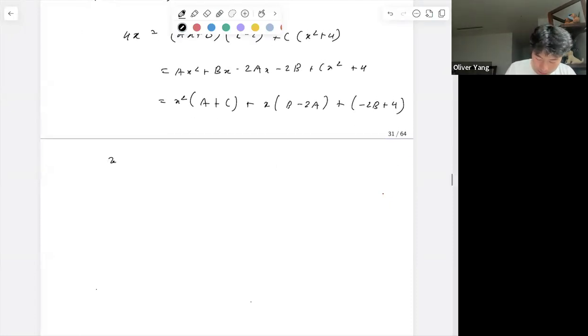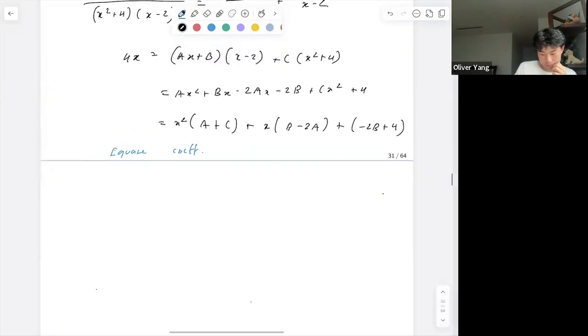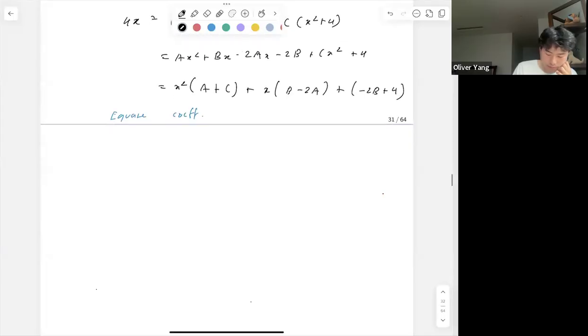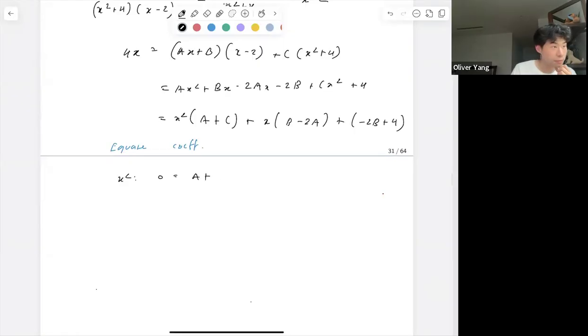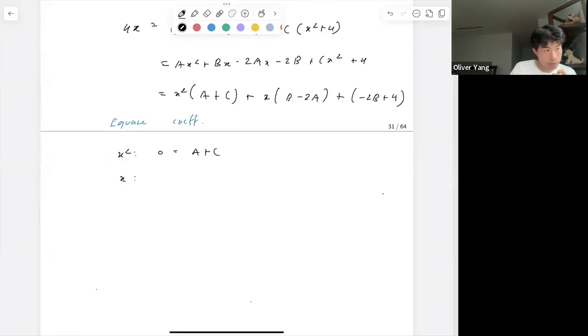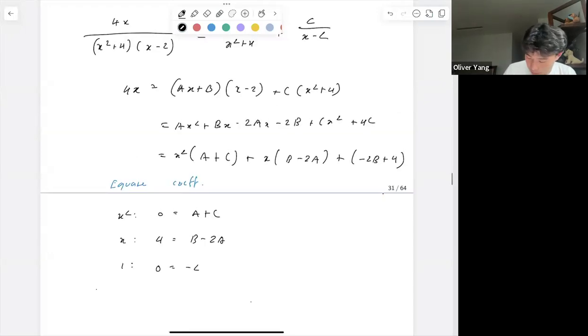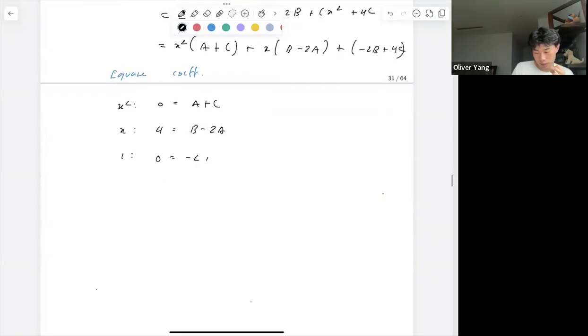Okay, so we're going to equate coefficients. On the left-hand side, we have no x squared, so it's going to be 0, that's going to be a plus c. For the x terms, we get 4 equals b minus 2a, and then for the constant terms, we get 0 equals negative 2b plus 4c, okay?